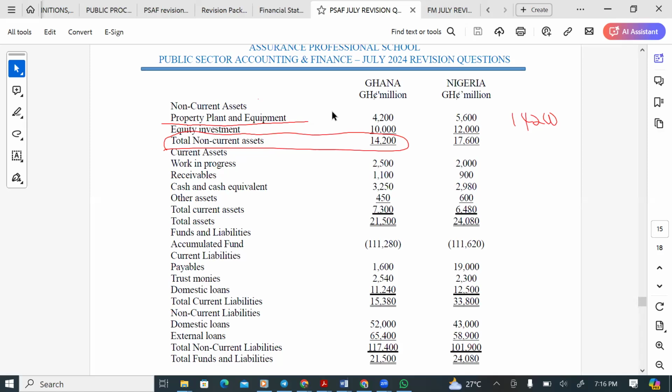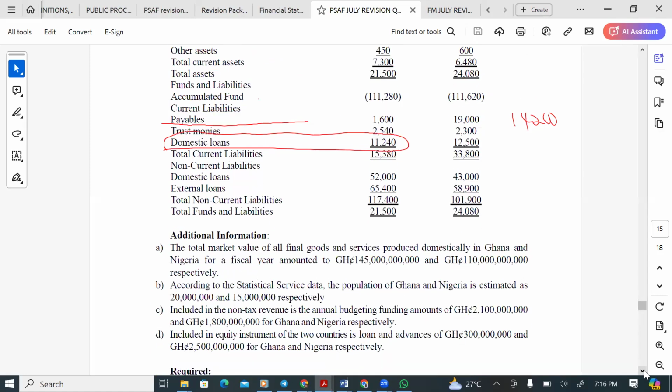Okay, but there's something over here. For Ghana, it is 14,200. For Nigeria, it is 7,600. But there is a footnote here that is telling you something. Let's come here. They say included in the equity instruments of the two countries is loans and advances of what?